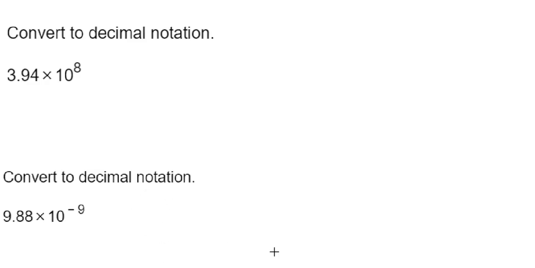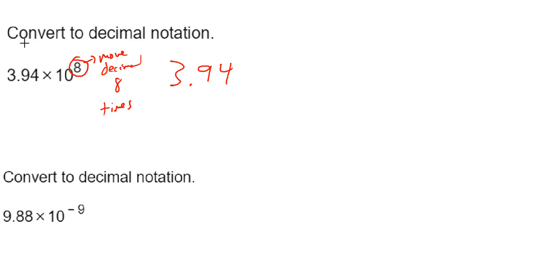All right, let's apply the same idea to this direction. So here we're being given the numbers in scientific notation, and we want to convert them back to standard form, to decimal notation. So we're going to start with 3.94. I will move the decimal place 8 times because the exponent is 8. But you have to decide which direction to move it. Do you move it 8 times to the left, or do you move it 8 times to the right?